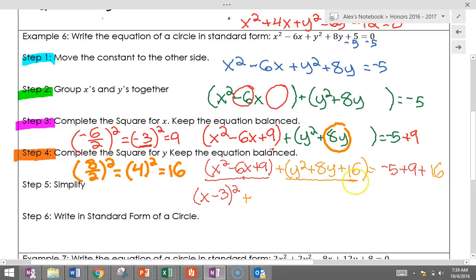Plus, this part simplifies with this number here, is y plus 4 squared. Equals, and then I'm adding all of these together, equals 1.